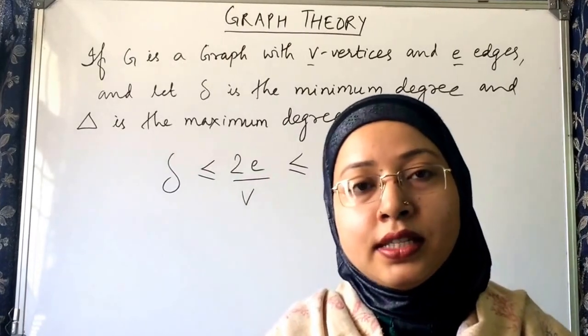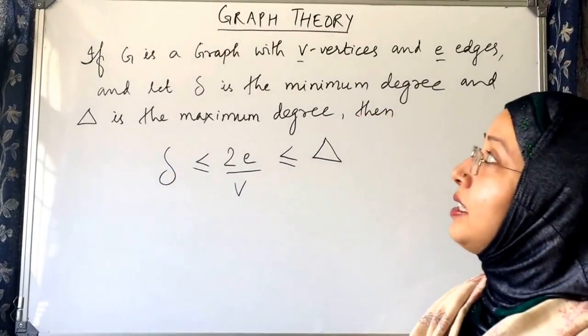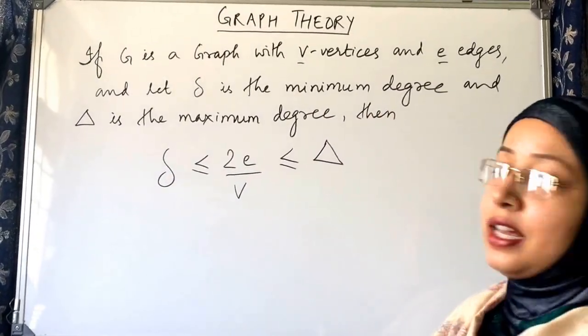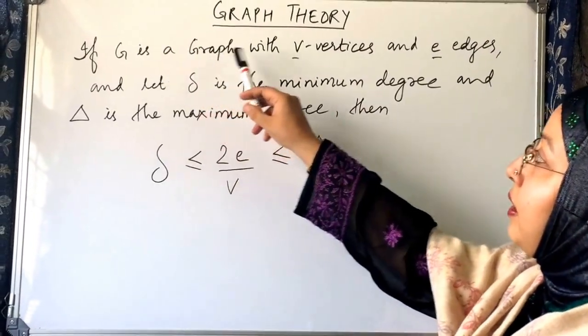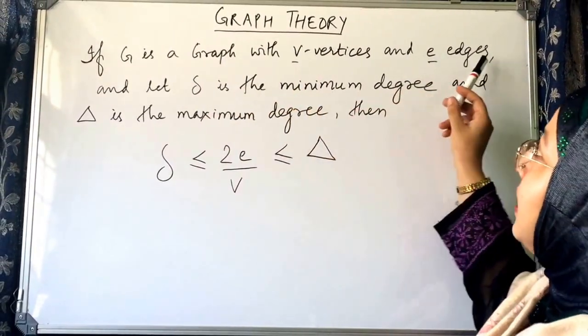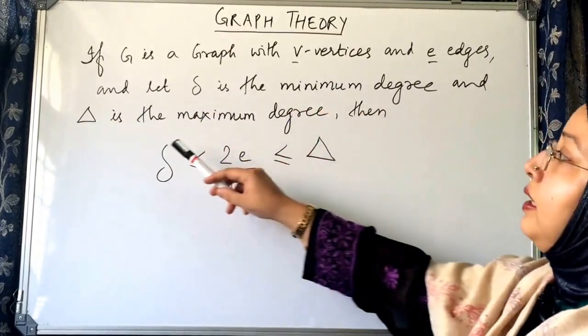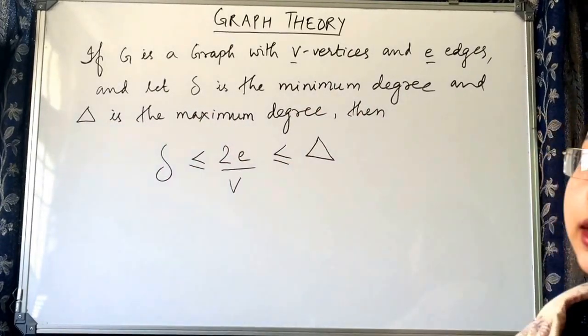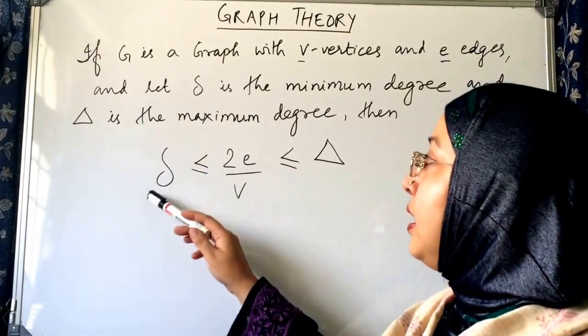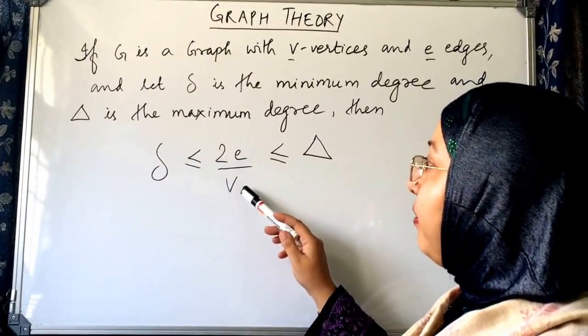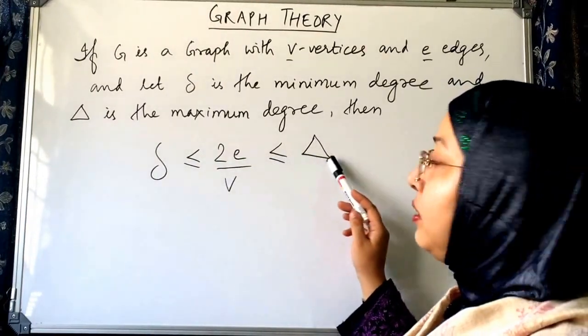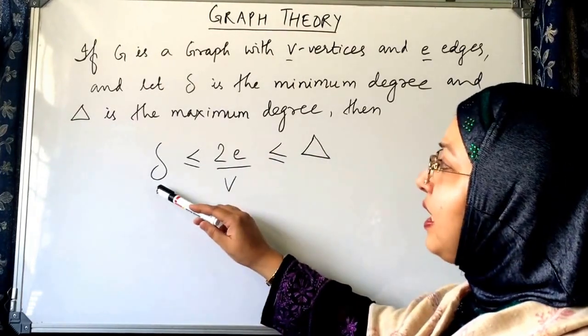It says that if G is a graph with V vertices and E edges, and let del be the minimum degree and delta be the maximum degree, then del is less than or equal to 2E by V, which is less than or equal to delta. What is del?